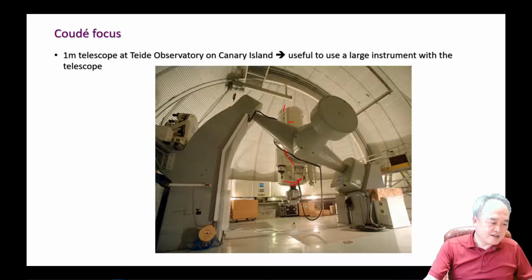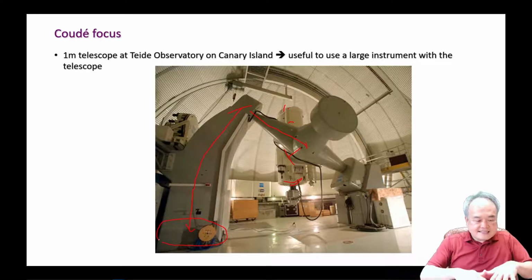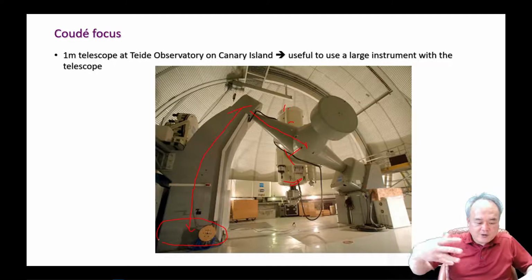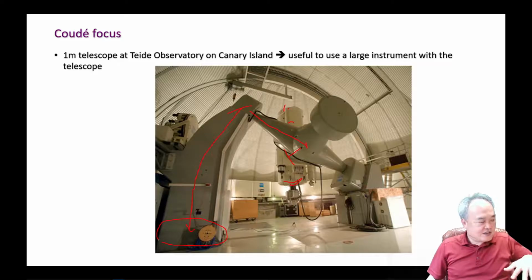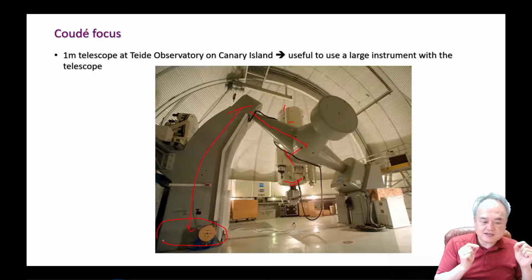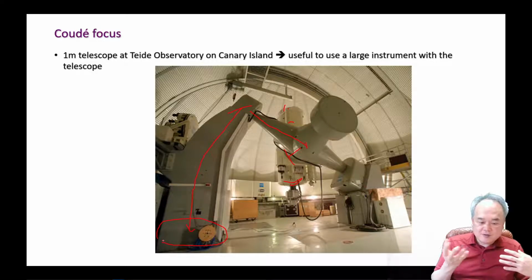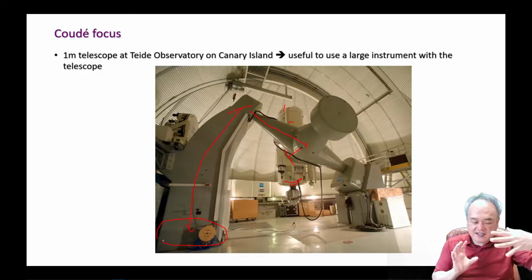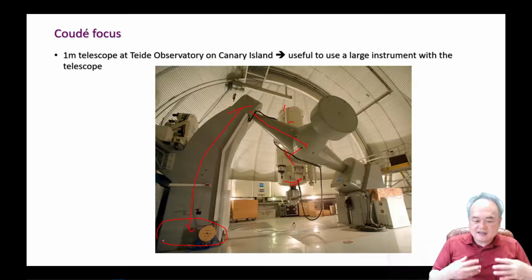Then the focus is brought out into the supporting axis, and a fourth mirror sends the beam in there. And then finally the fifth mirror sends the beam into the instrument that is stationed far away from the telescope. Oftentimes they're in a separate room, so that the really delicate instruments, such as the high precision radial velocity echelle spectrograph, which is prone to very tiny vibrations and whatnot, are protected.